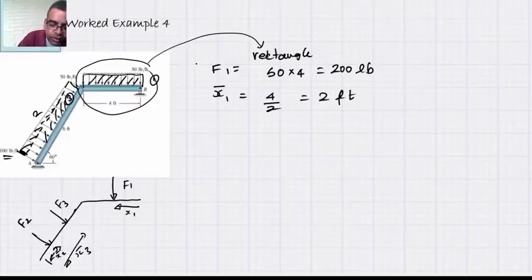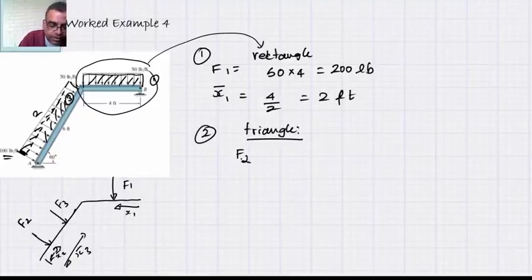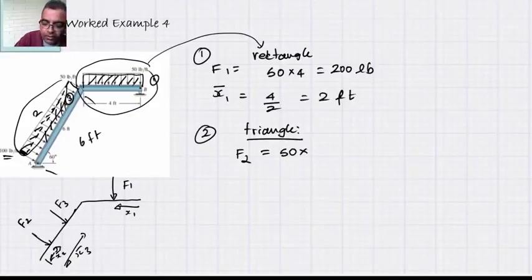F2, so 1 is a rectangle, 2 is a triangle. So F2, that's this guy. F2 will be 50 times, this length is 6 feet, 6 over 2, base times height over 2, okay, which turns out to be 150 pounds.